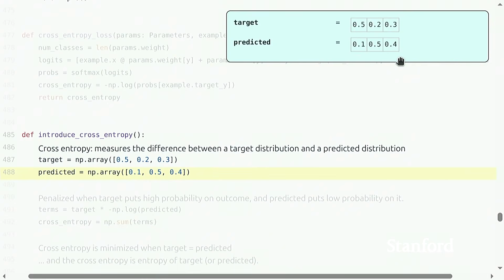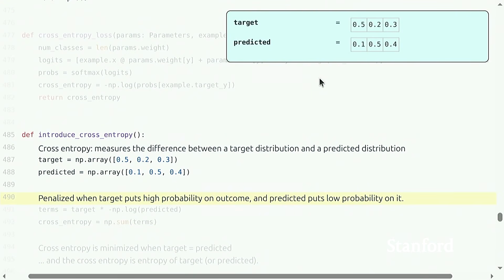So suppose the target distribution over 3 things is 0.5, 0.2, 0.3, and I predict 0.1, 0.5, 0.4. So the question is, do I have a number that tells me how far predicted is from target? Basically the intuition is if the target says there's high probability in an outcome and the predicted puts low probability on it, I want to penalize that.